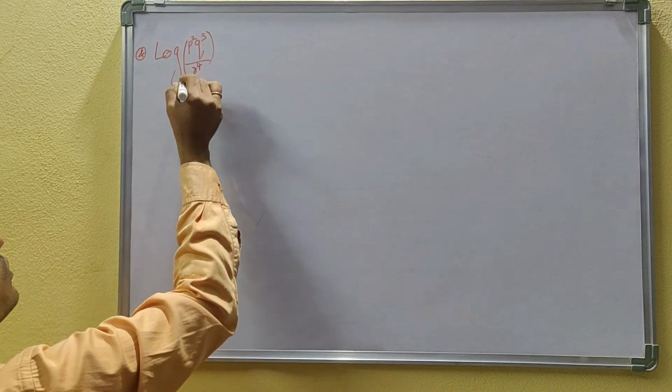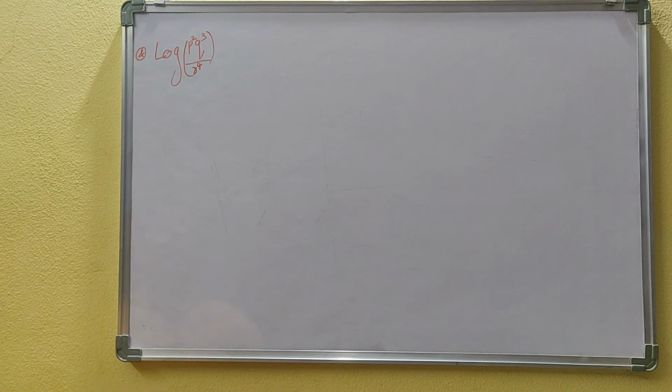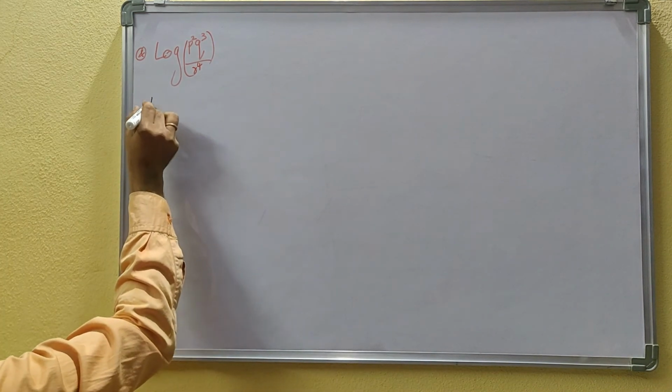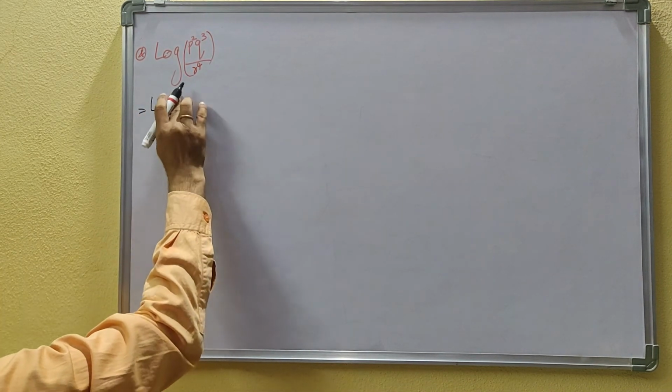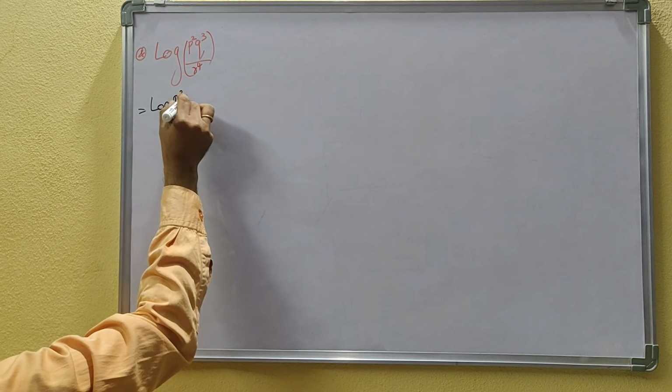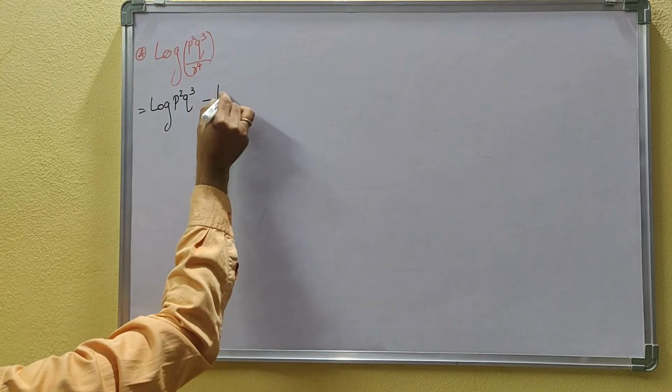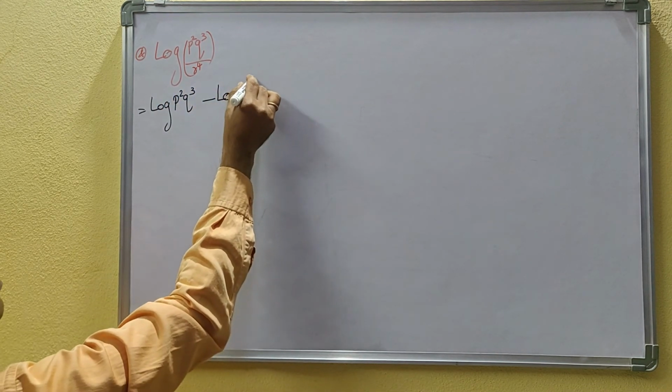Here base value is not there. So log p square q cube by r power of 4. First of all, log a by b is equal to log a minus log b. So log p square q cube minus log r power of 4.